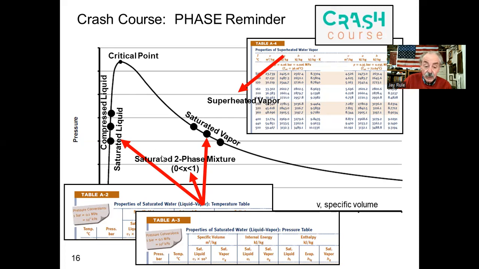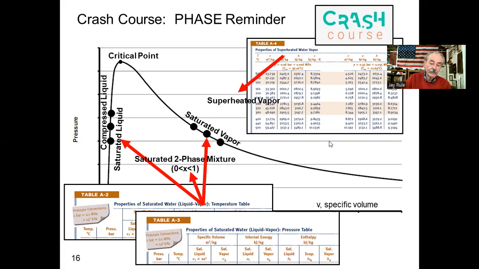If your phase lies under the dome, you're a saturated two-phase mixture, and quality comes into play, or you're at a superheated vapor if you're to the right of the vapor dome. To the left of the vapor dome, compressed liquid, that's coming up in a minute. But let's say you're either saturated liquid or a saturated two-phase mixture or a saturated vapor or a superheated vapor.